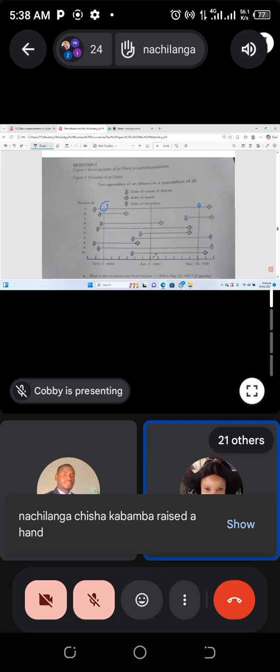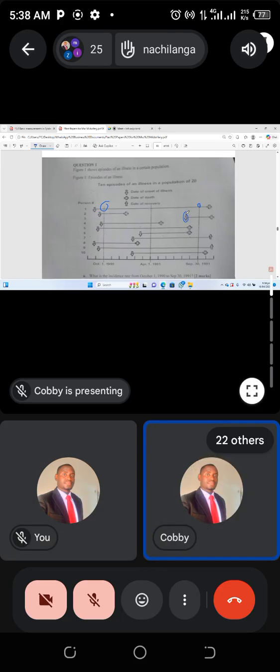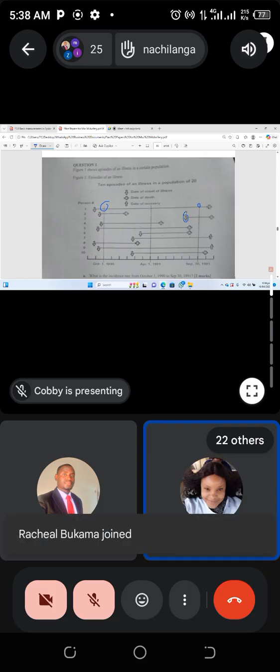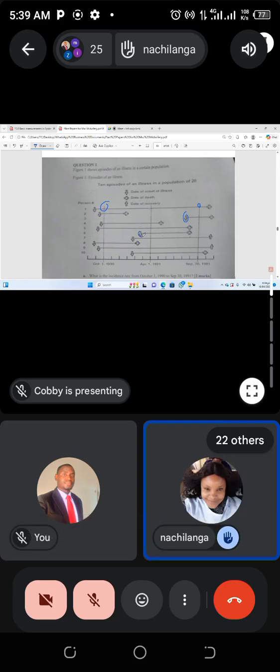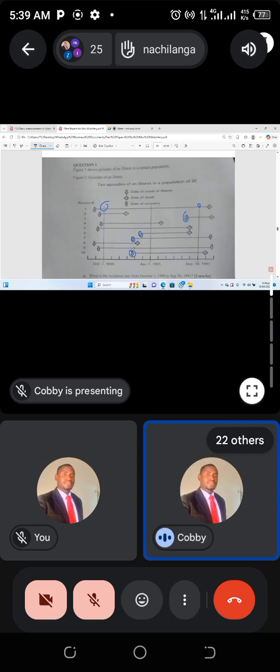There is case 3, case 6, case 7, and case 10. So how many cases do we have? 4.